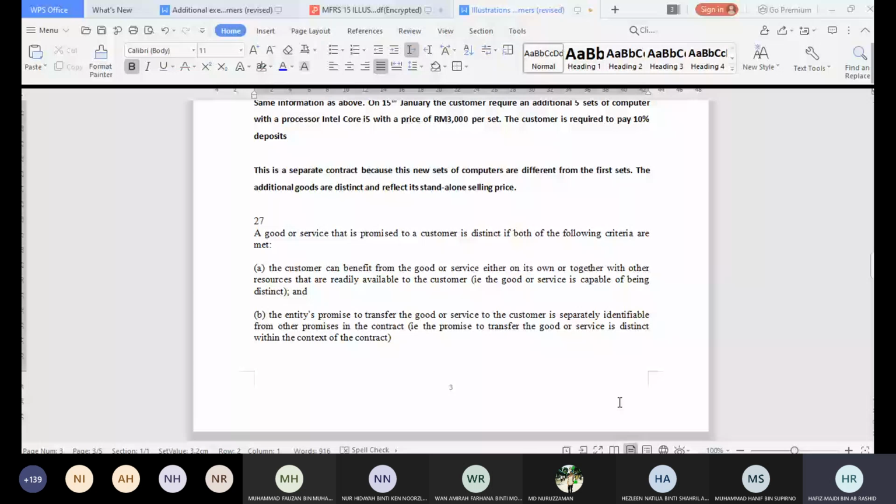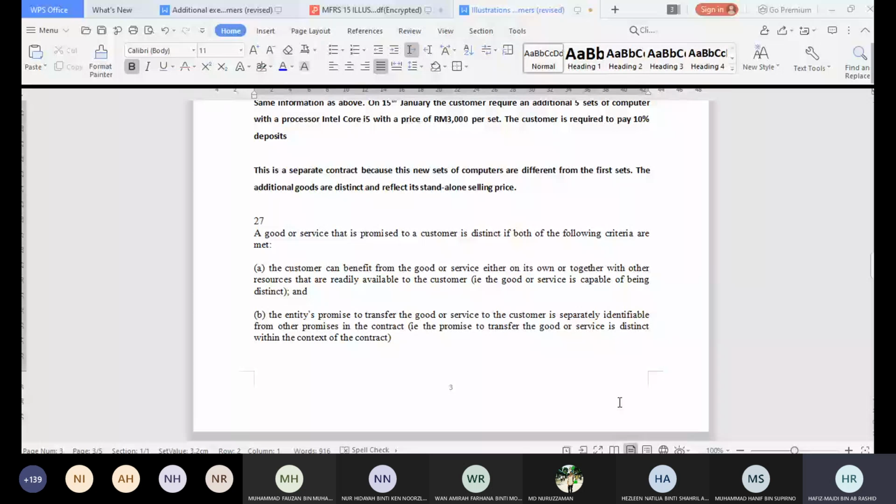For example, the customer orders 100 units. The first 50 units will be sent on a certain date, let's say 31st of January. The second 50 units will be delivered on 31st of March. That is some criteria of identifiable promises.